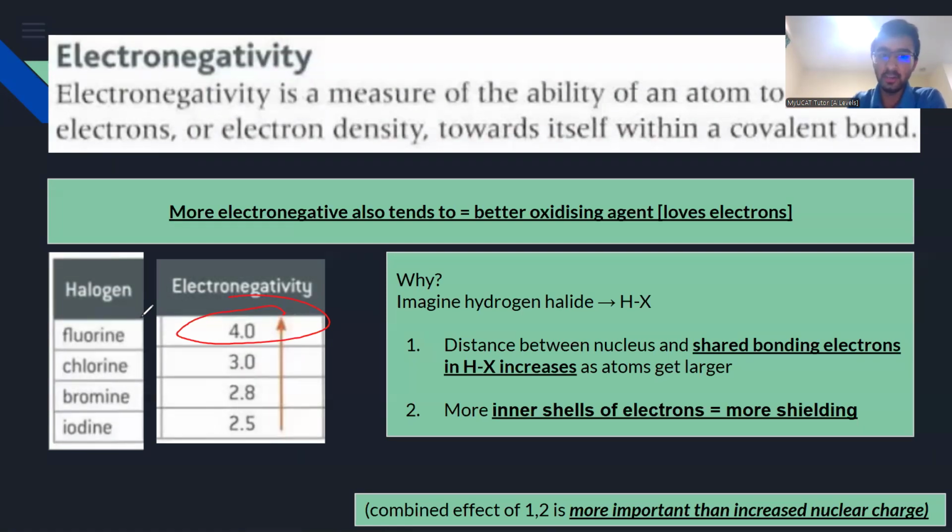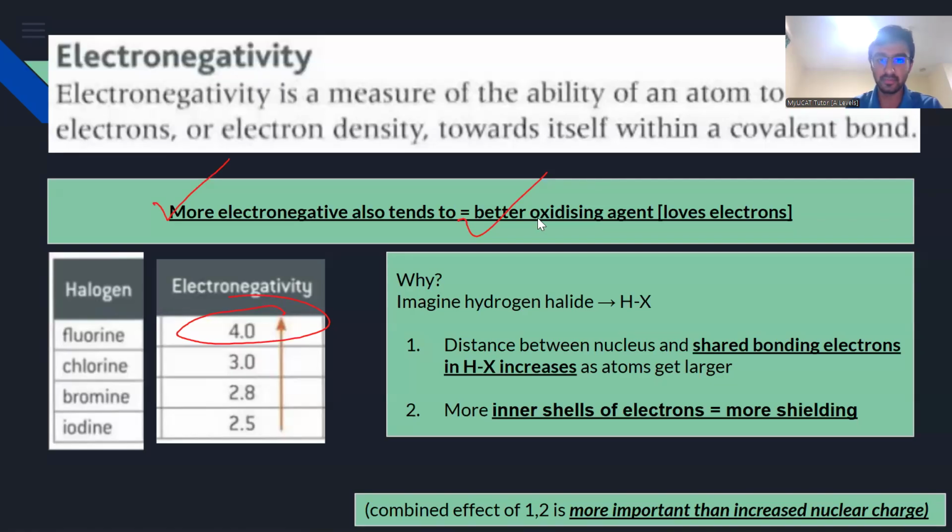So generally speaking, when we say something is more electronegative, it's also a better oxidizing agent. And this is something that you can figure out from first principles. Fluorine, because of this distance between the nucleus and the bonding electrons, because it's so small, is really desperate to attract the electrons. It's more electronegative. It's a better oxidizing agent.